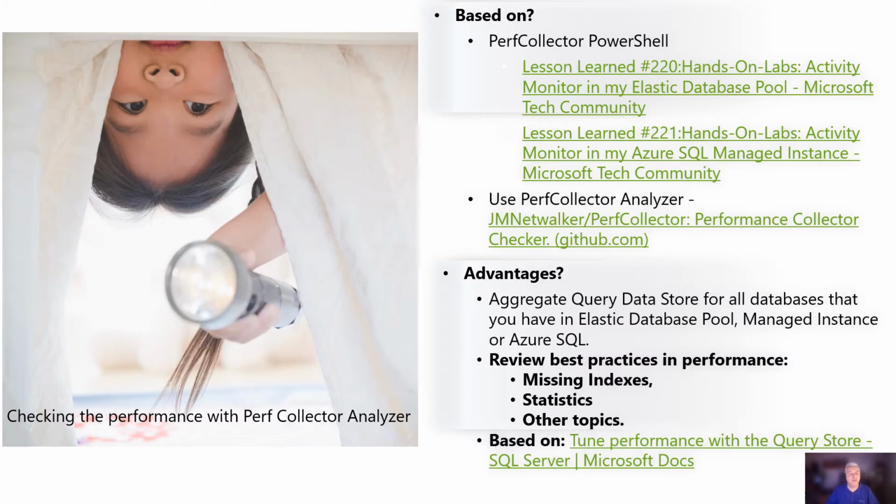What are the advantages of using this one? Well, basically, the idea is to aggregate the query data for all databases that we have in Elastic Pool, Managed Instance, or Azure SQL database in one single server, and also review the best practices in terms of performance. We are also going to review the missing indexes in the global insights, the statistics, performance recommendations, etc.